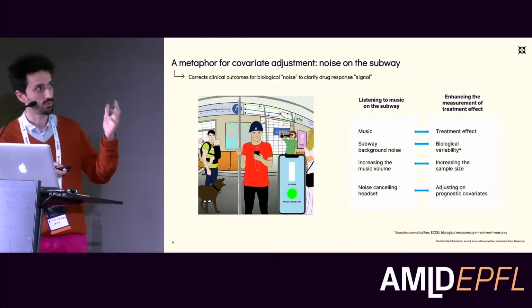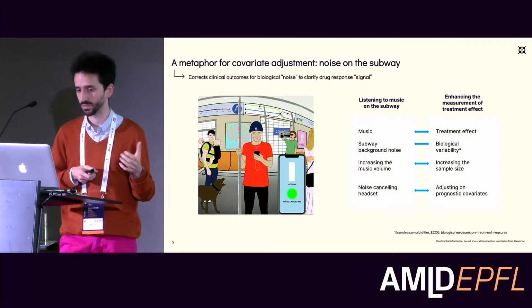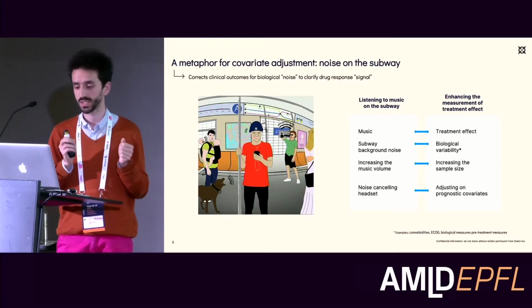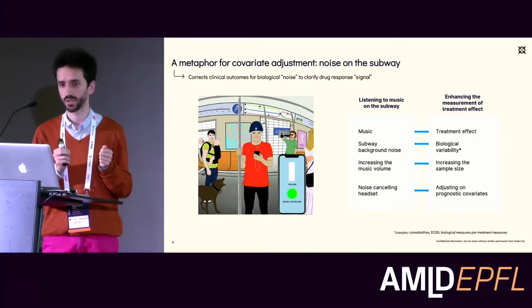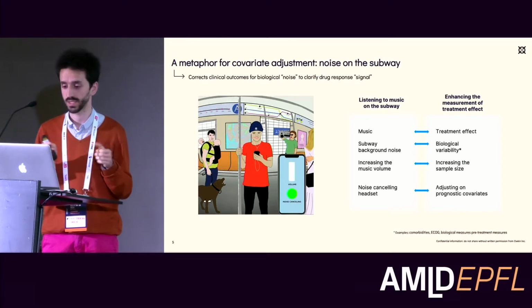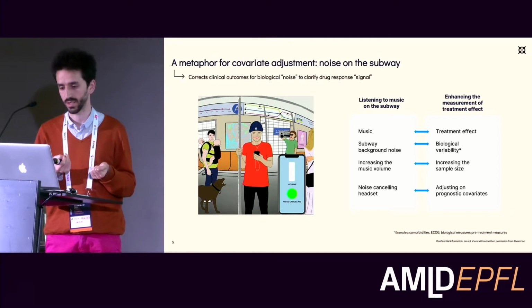So how can we understand this in simpler terms? It's really about signal and noise. The signal you care about in a clinical trial is the treatment effect, and the noise is everything else, such as the variation in outcome that is captured by prognostic covariates.